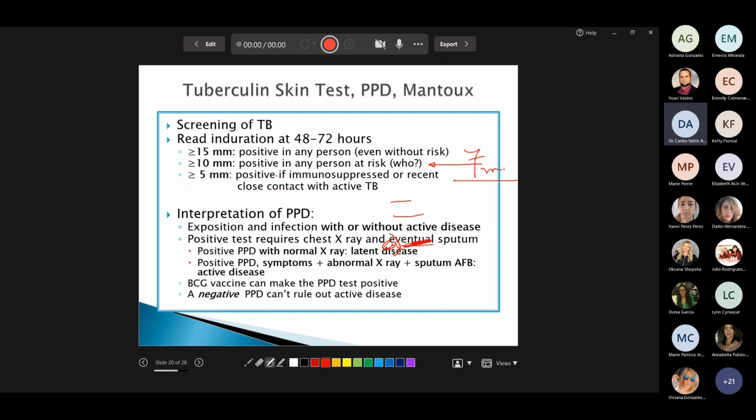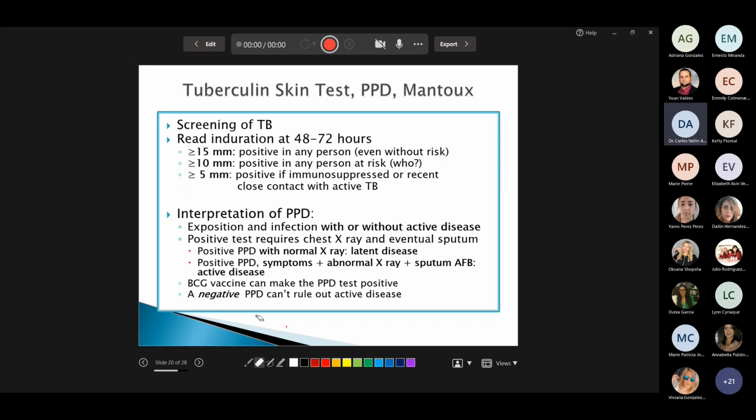If the person is at risk and is immune suppressed, because any immune suppressed person is at risk, 7 millimeters is positive. So two different interpretations of the same test depending on whether the person is immune competent or immune suppressed.